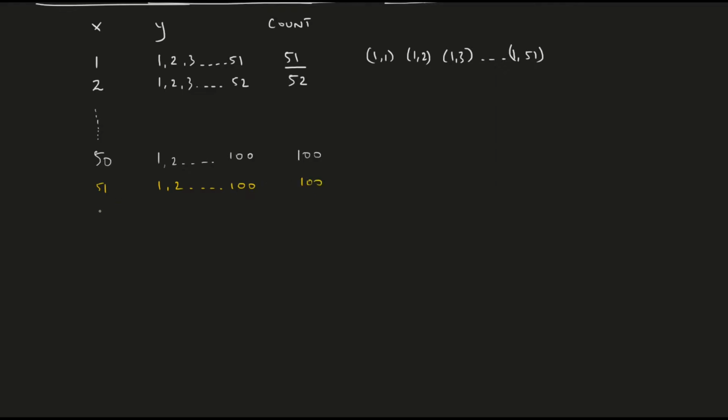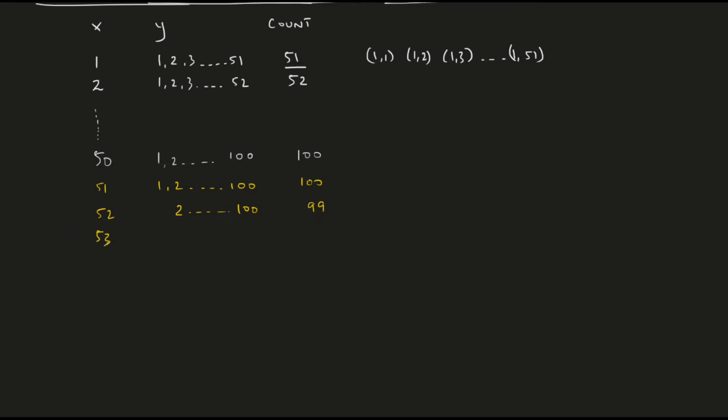But when x is 52, y can no more be 1, because when y is 1, 52 minus 1 would give me 51, and it won't satisfy the required inequality. So I'll have to start from the number 2 up till the number 100, and this time I would have 99 pairs.